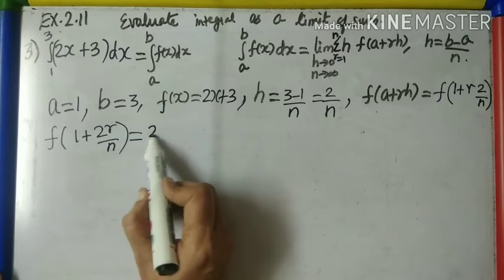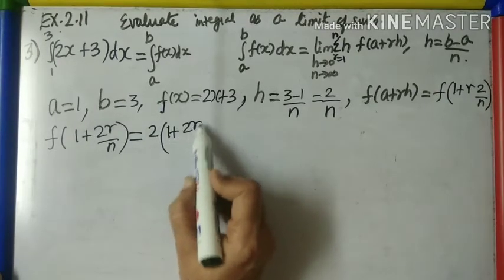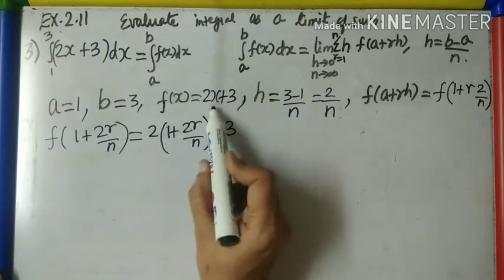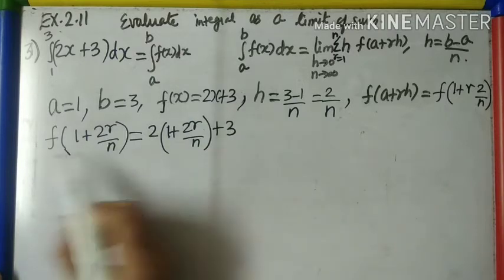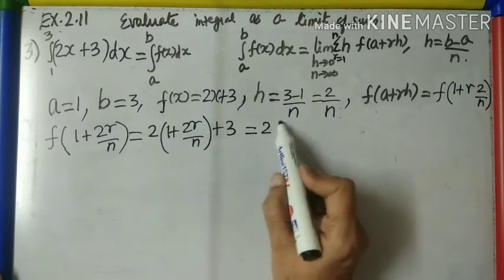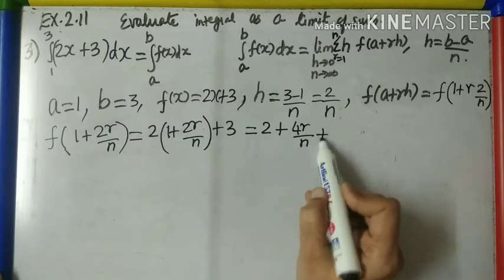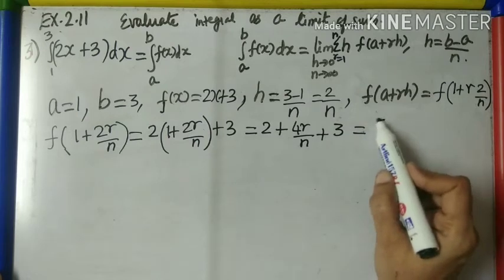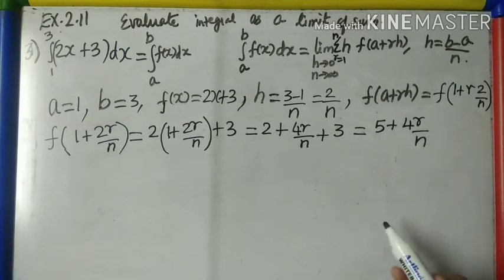So 2 into, in the place of x, substitute this (1 plus 2r by n) plus 3. Multiply now 2 into 1 plus 2 into 2r by n plus already there is a 3. Together 2 plus 3 I can write 5 plus 4r by n.